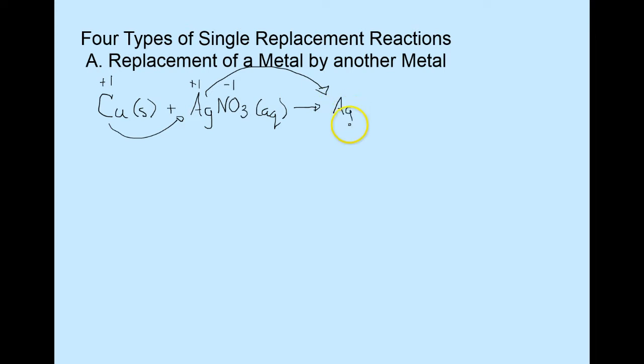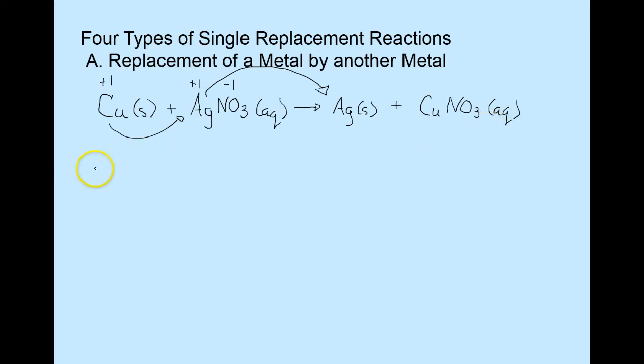It's a solid. And then copper is going to bond with nitrate, +1, -1, and the formula would be CuNO3, and this is an aqueous solution. And the equation is already balanced.